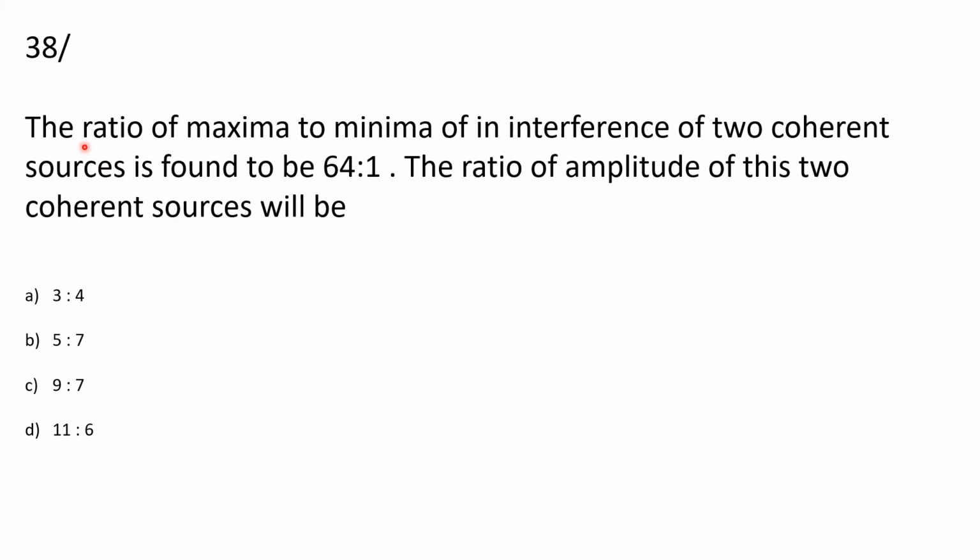Then the ratio of maxima to minima of interference of two coherent sources is found to be 64:1. The ratio of amplitudes of these two coherent sources will be, and the options are 3:4, 5:7, 9:7 and 11:6.